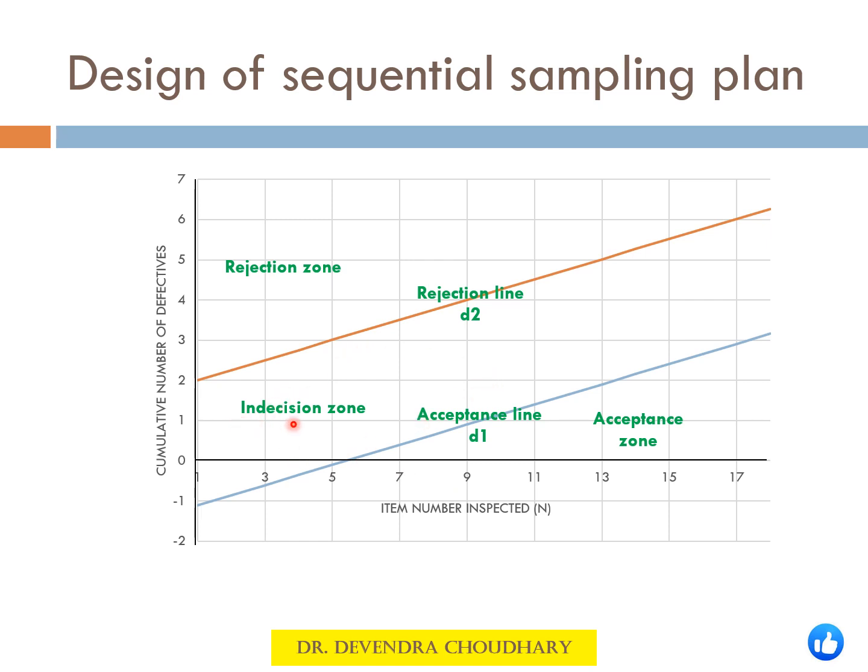One is the indecision zone, as we found earlier in the double sampling plan, or we can say inconclusive zone. Below this indecision zone, we have the acceptance zone. And above this indecision zone, or the rejection line, we have the rejection zone.